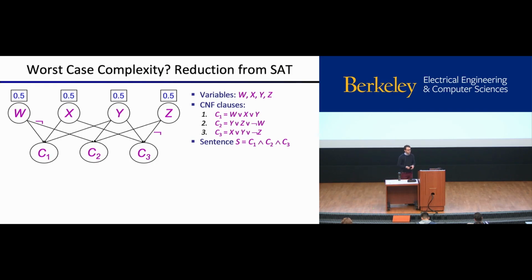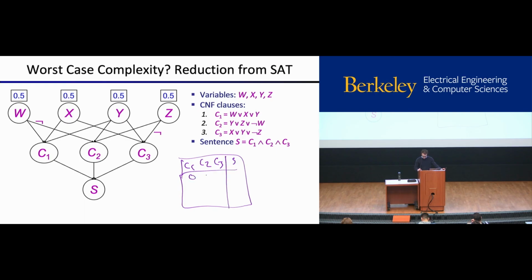For this final sentence, we just need one more node, which we encode with another truth table probability distribution: given C1, C2, C3, I want to know S. So 0, 0, 0, nope, 0, 0, 1, nope, dot, dot, dot, and then we get 1, 1, 1, that's our only yes. The only time that this thing is true is when all the different clauses are true.